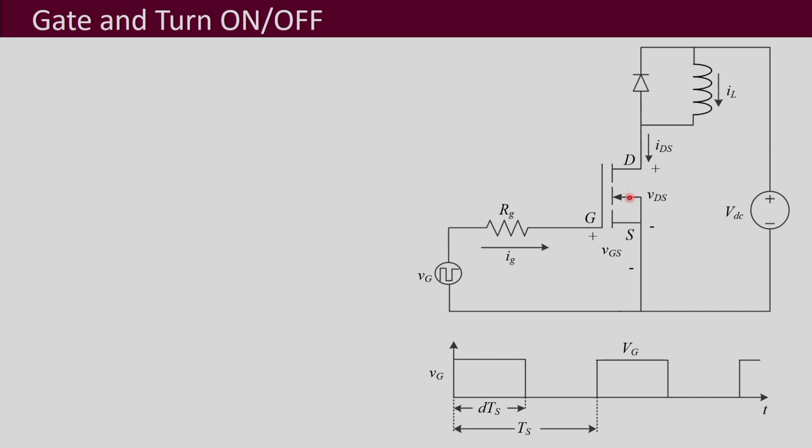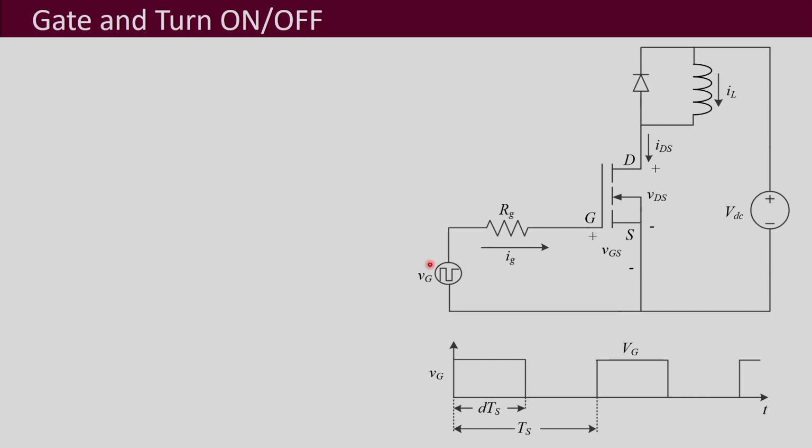To understand that, let us first look into the turn on and turn off process of a MOSFET. As we had seen before, the turn on and turn off processes of MOSFETs and IGBTs are similar, so we can take either of them and understand, and the same applies for the IGBT also. Here there is a MOSFET, and this is the gate circuit.